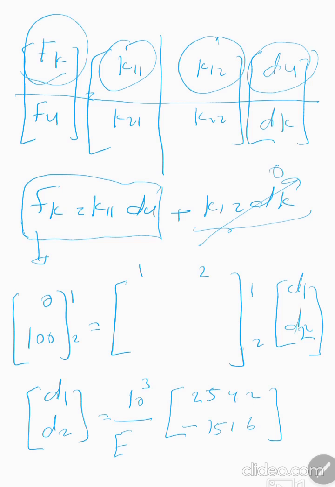So just multiply this value by this value and you will get exactly the values of D1 and D2.